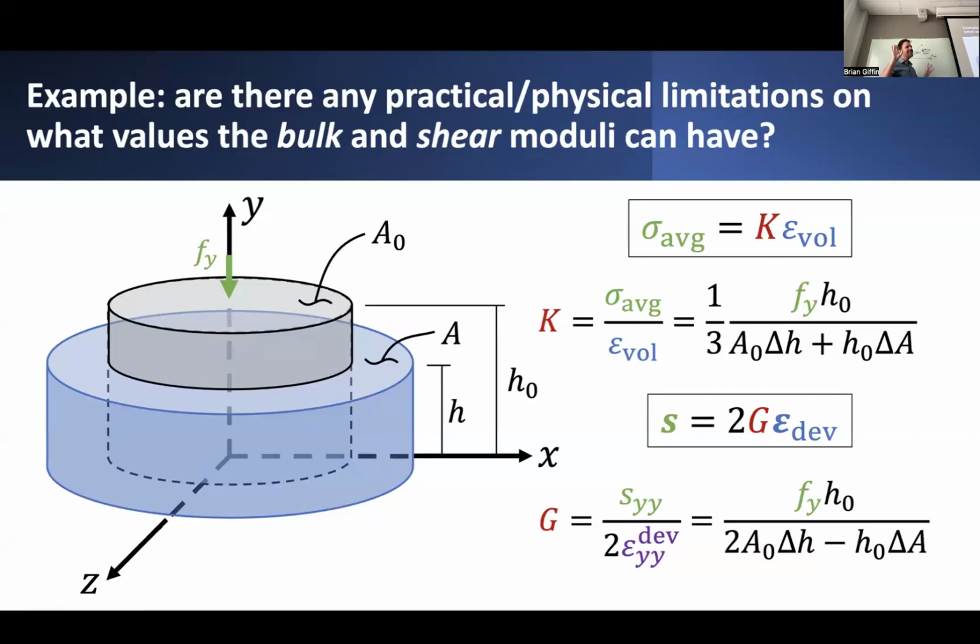It's something you might have to chew on and think through a little bit. I mean, it makes sense for this particular slope to be positive, right? It wouldn't make sense if, let's say, the bulk modulus was negative.